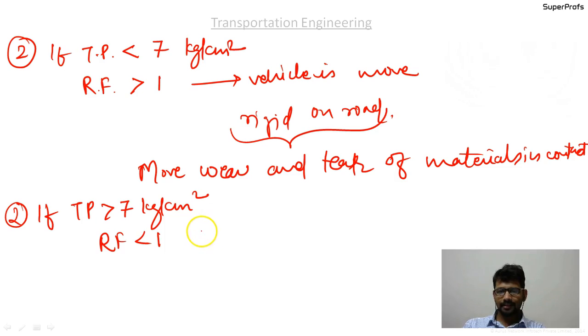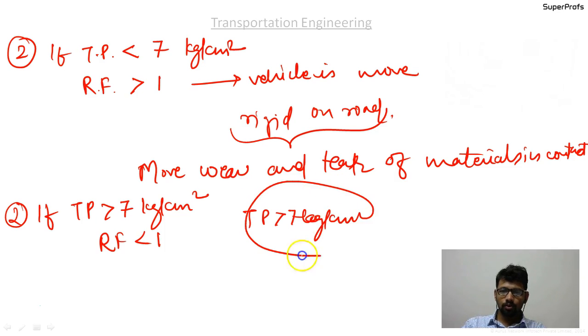So in practice it is better to have tire pressure greater than 7 kg per centimeter square, because it is difficult to maintain exactly 7 kg per centimeter square, okay.